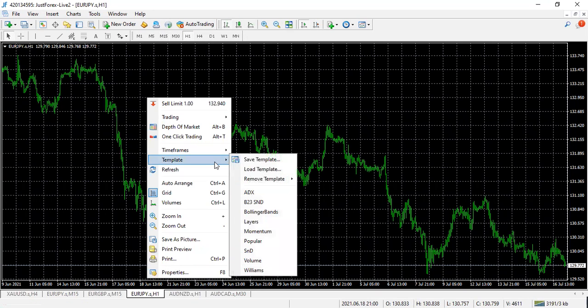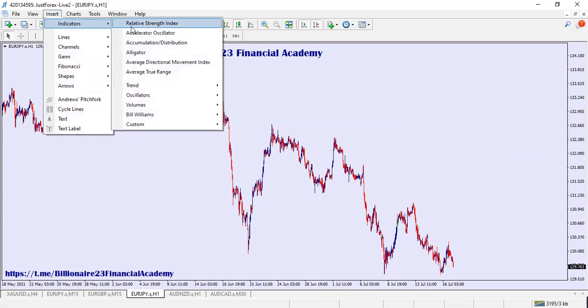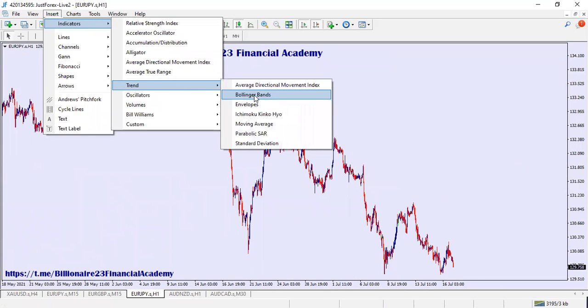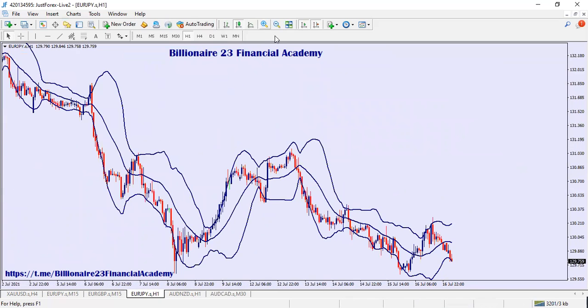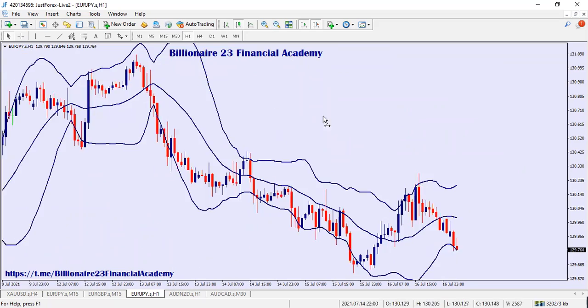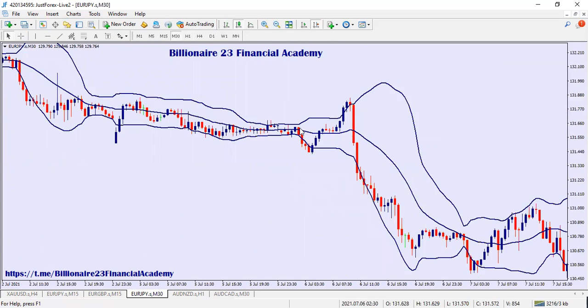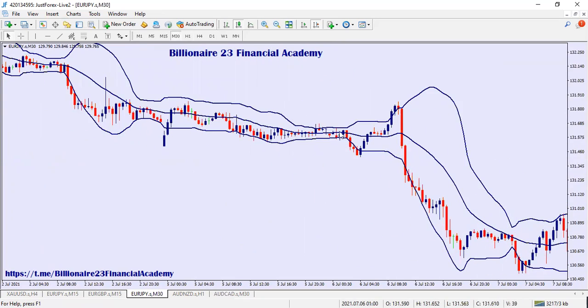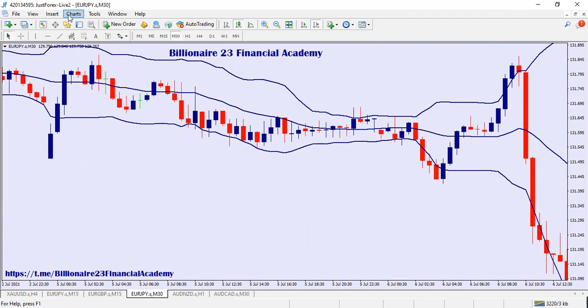Okay, this one, Euro JPY. Bollinger Band, same thing. Let's look here. Price went outside of the Bollinger Band here. Let's find out why.